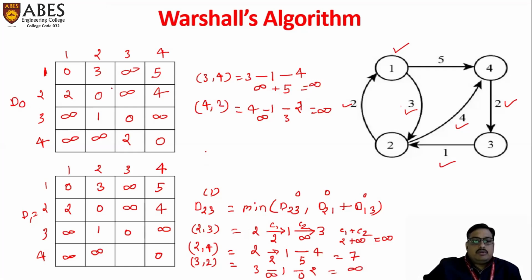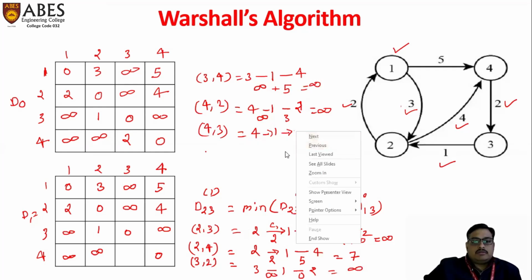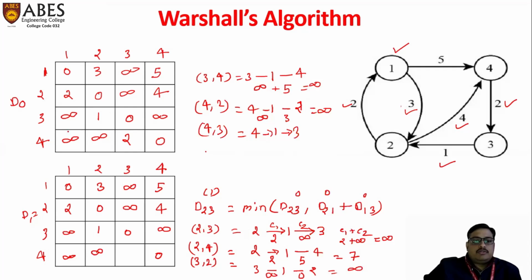Now come to value for 4 3. So for this one, 4 to 1 and 1 to 3. So 4 to 1 is again infinity, and 1 to 3 is infinity. So again cost is infinity. So here we have infinity. There's no change in this value.